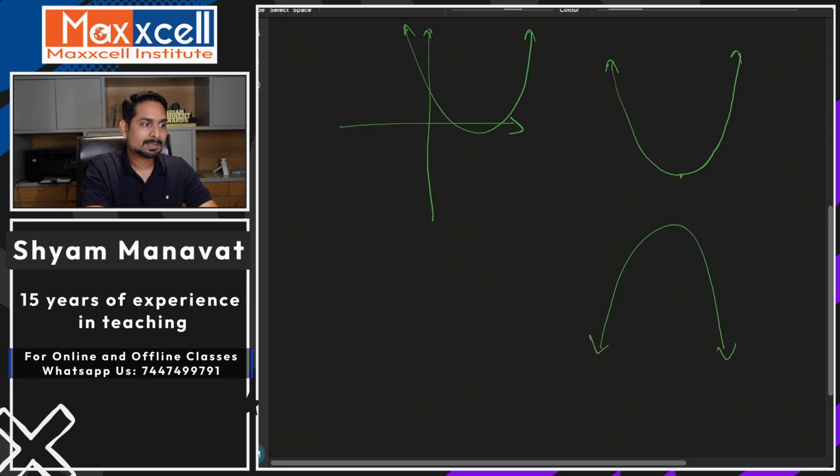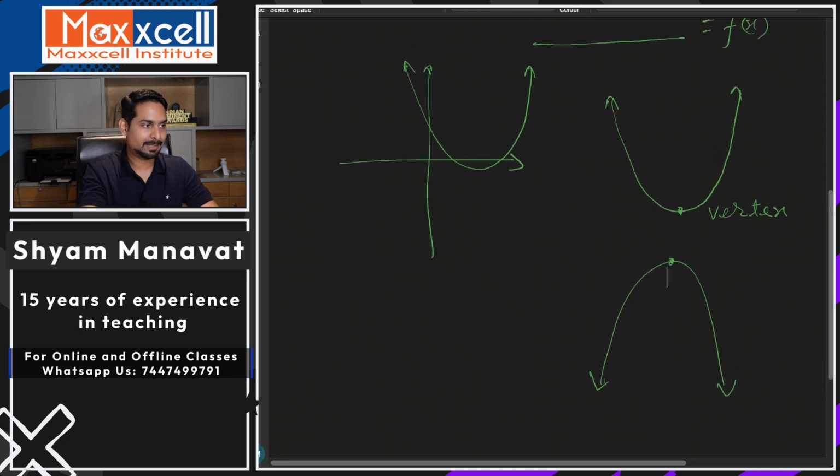The point after which the parabola turns is called the vertex. This vertex could be a minimum point and it could be a maximum point also. If the parabola is upward, then it is minimum. If the parabola is downwards, then it is maximum. So this is the first thing you need to keep in mind.